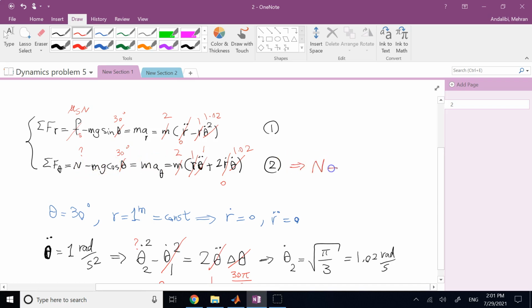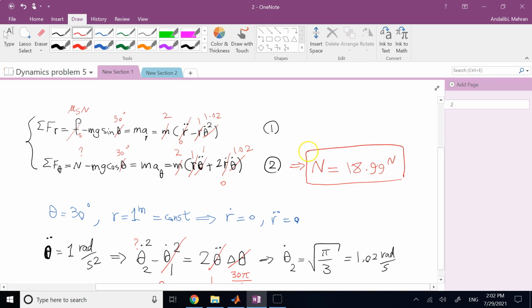So here I will solve for N. N is going to be 2r theta double dot, which is just 2, plus mg cosine of 30 degrees, correct? If you calculate it, you will get 18.99 Newtons. That is the normal force from the bar onto the block, right?